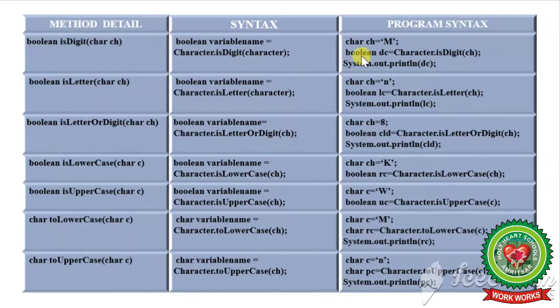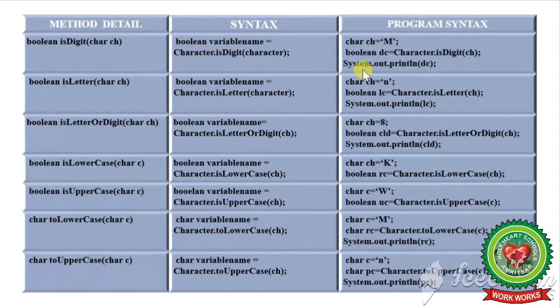Now its program syntax: char ch equals, in single quotes, 'm'. It's a character, so I have used single quotes over here. Then boolean dc equals Character.isDigit(ch). This ch means this m; it will check for this m.